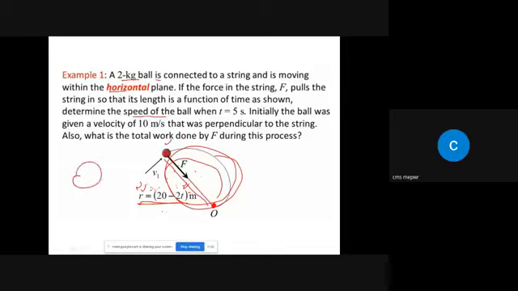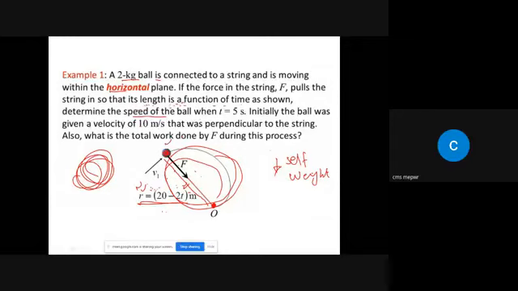Since it is moving within a horizontal plane, we can neglect its own weight, or the support force in this case. Its length is a function of time as shown. Determine the speed of the ball when t is equal to 5 seconds.